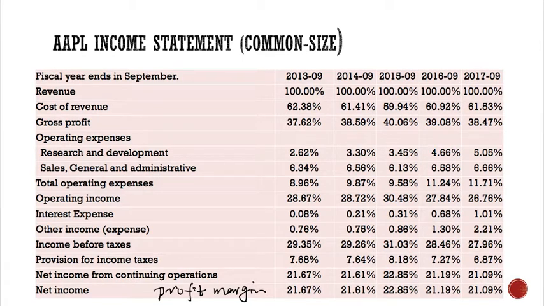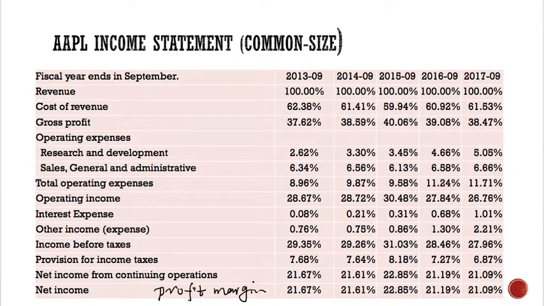The profit margin is pretty stable. It stayed at about 21%, and this percentage in finance is called gross margin. It looks pretty stable too. It stayed between 37% to 40%.